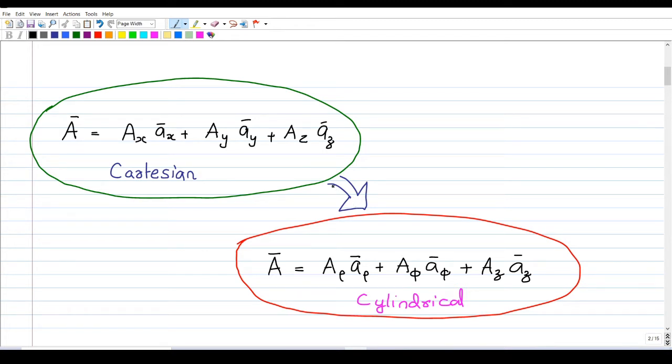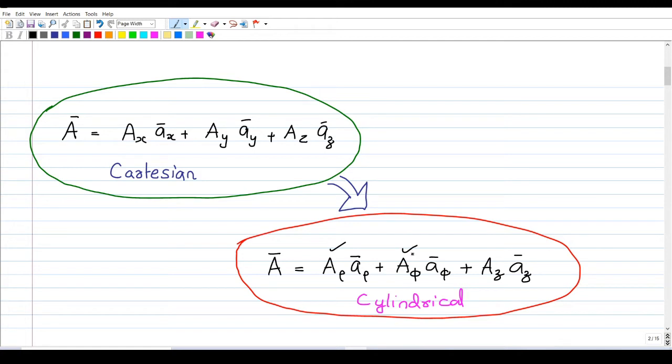If we do some transformation to represent the same vector in cylindrical coordinates, it will look like this. A is equal to A rho a rho plus A phi a phi plus Az az, where capital A rho is the component of A along the direction of unit vector small a rho.